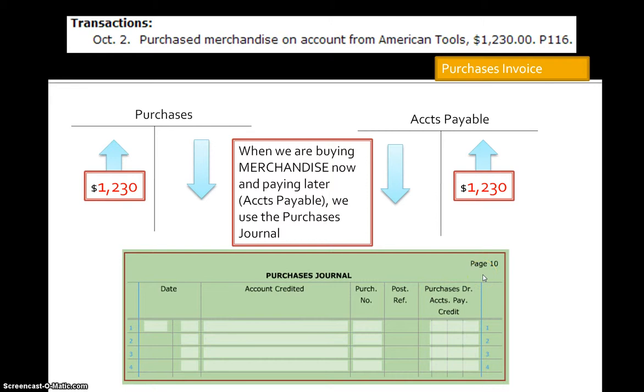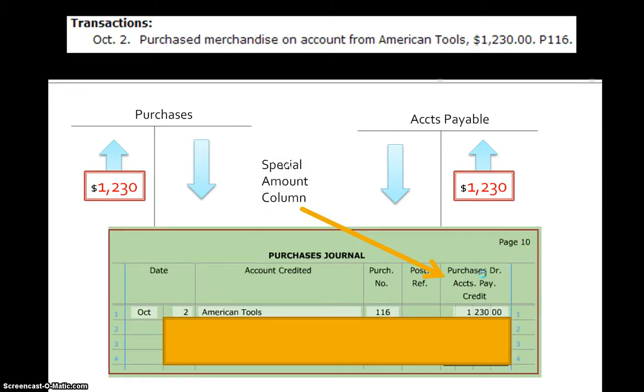So let's go ahead and put this very first thing in. We would obviously put in October 2nd. We bought it on account from American Tools, so it's accounts payable American Tools. But notice, we don't have to put accounts payable. We just put American Tools down. Then we put down the actual purchase invoice number. Notice we don't have to put a P in front of it.